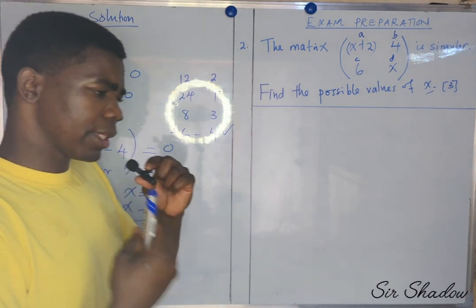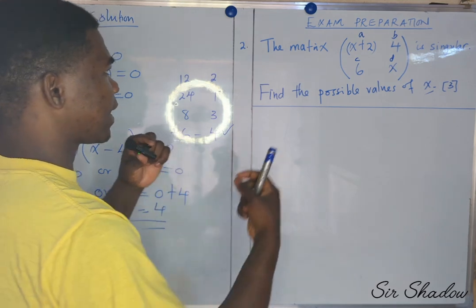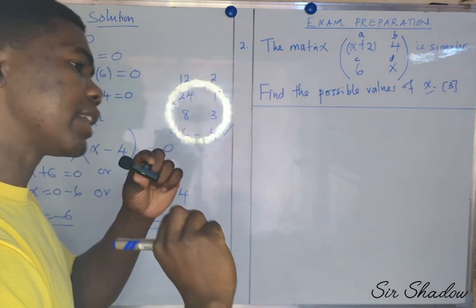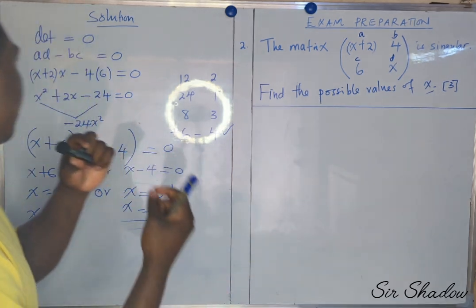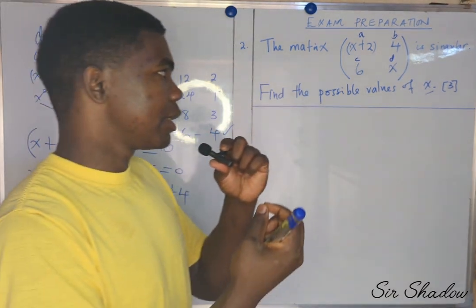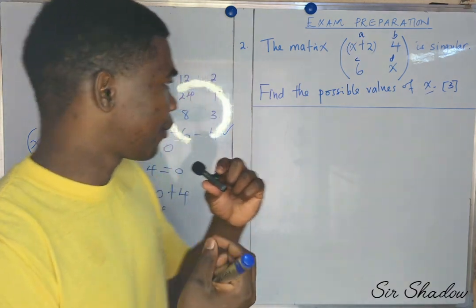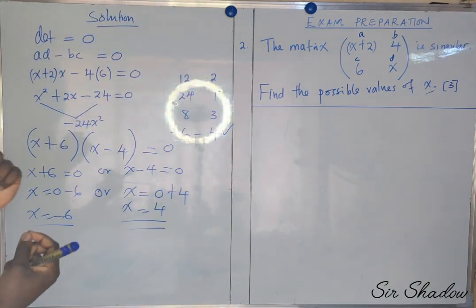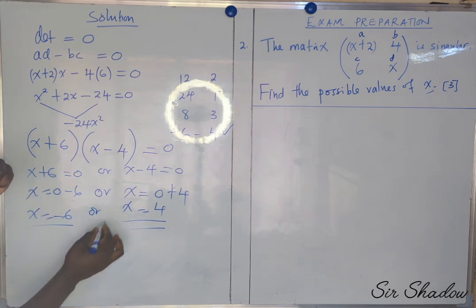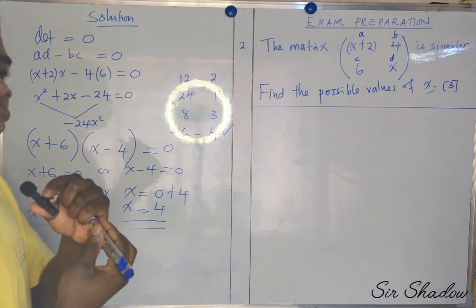So this is how to deal with the idea of a singular matrix. Just recall that whenever a matrix is said to be singular, its determinant is 0. These are the solutions for the possible values of x.